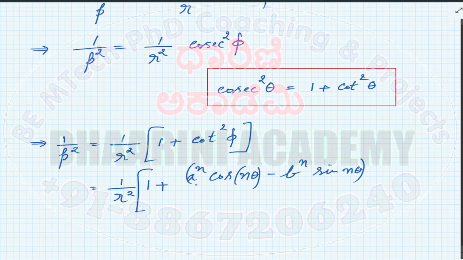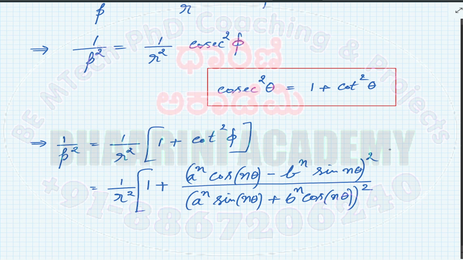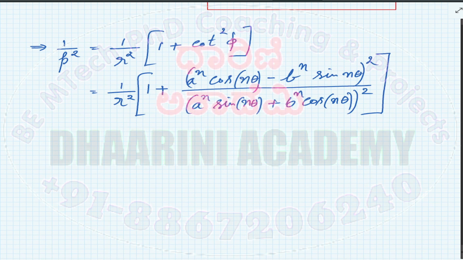This was the numerator of cot phi, and I'll write the denominator as well, that is a to the n sine n theta plus b to the n cos n theta. Alright, I need to square, so I'll write the squares separately because it becomes easier for me to take a common denominator.